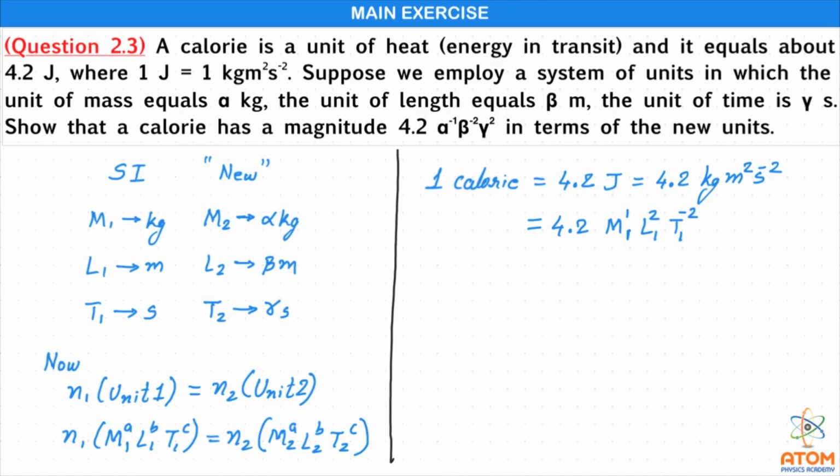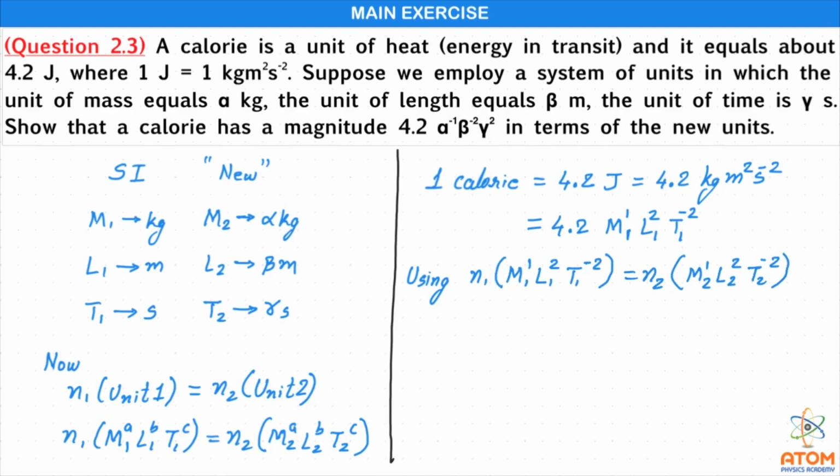So I'll write here that using N1 M1 raised to 1, L1 raised to 2, T1 raised to minus 2 is equal to N2, and the dimensional formula in the new unit system, that is M2 raised to 1, L2 raised to 2 and T2 raised to minus 2.